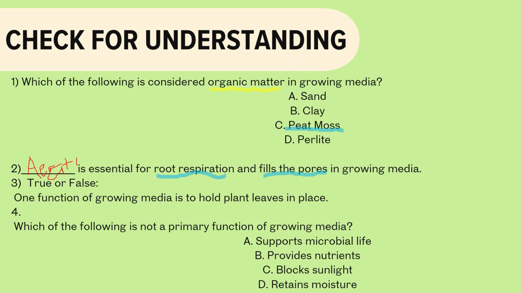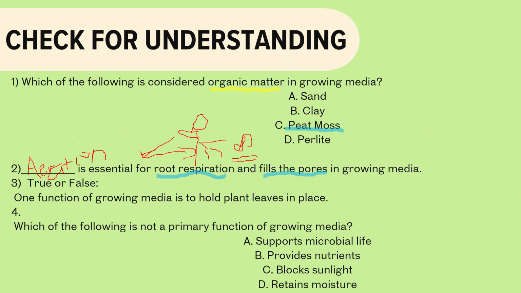Remember, aeration is going to help those roots get the air that they need. The air is coming in, the air is coming out. Not only is it going to help that plant, I'm trying to draw this plant, but it's going to help those microorganisms that are around the plants. Those could be worms, and there's my little worm right here. Those could be bacteria. That's my bacteria right there. So that's what we want to think about.